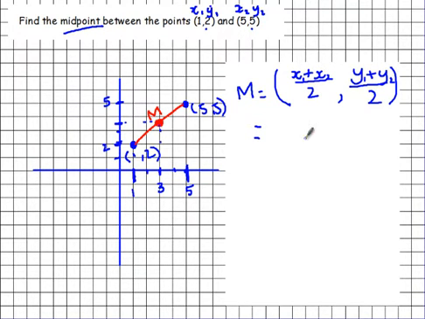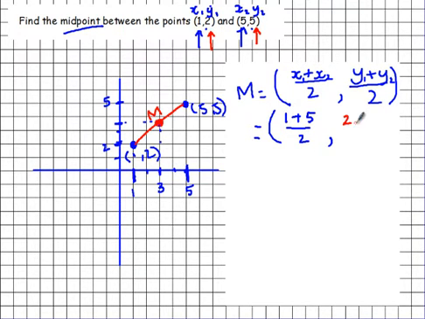So let's substitute those into our formula here. Two x values, the first one is always the x, remember? So I'm going to go 1 plus 5 and then halve it. For our y values, there's the y value there, there's the y value there.